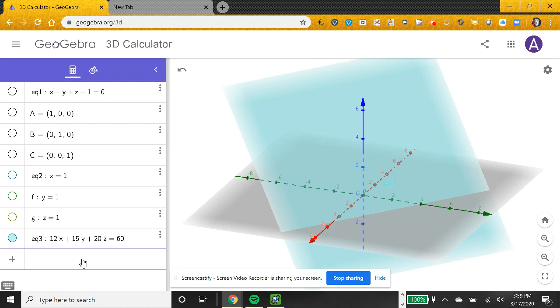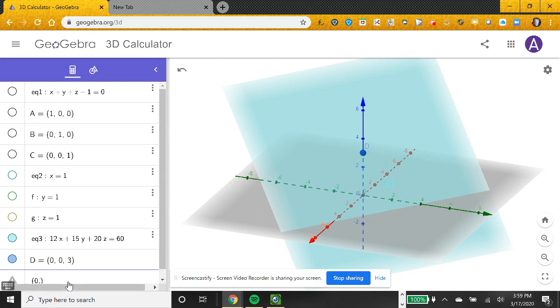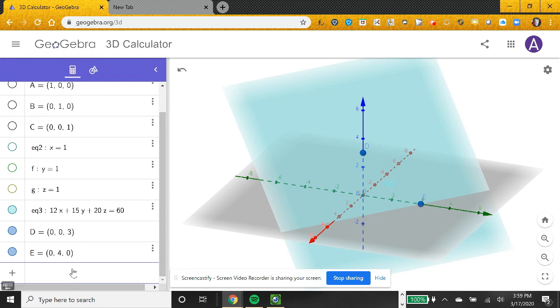We said our points were first 0, 0, 3. And then we had the point 0, 4, 0. That's our second point. And then we had 5, 0, 0.